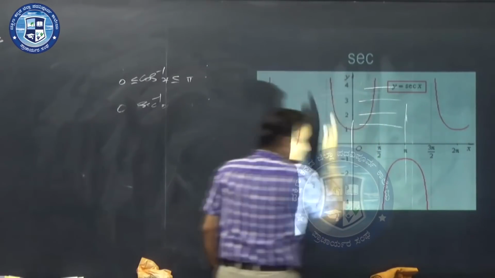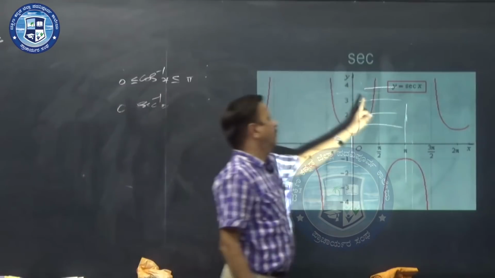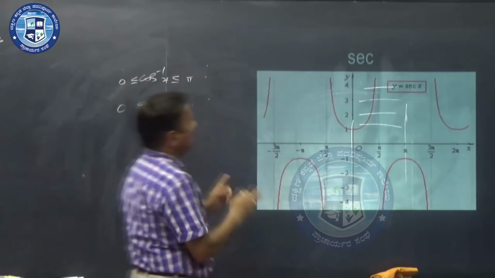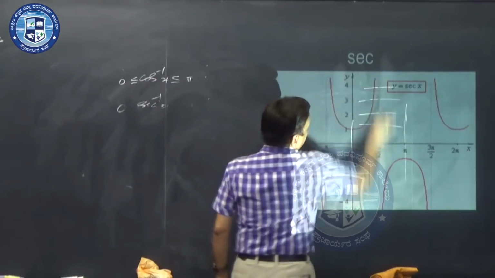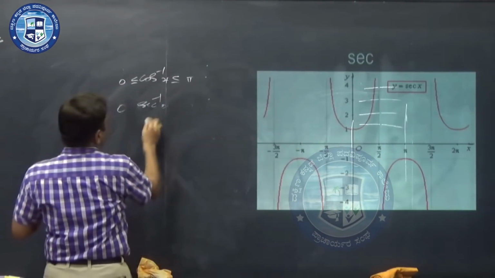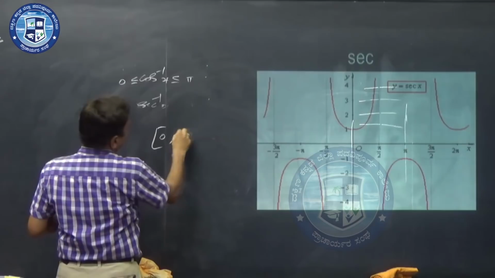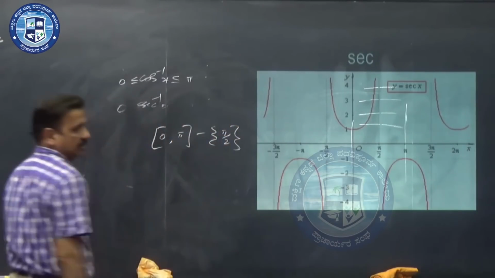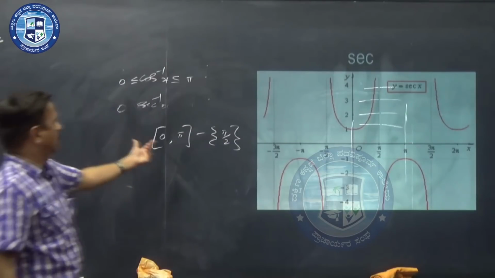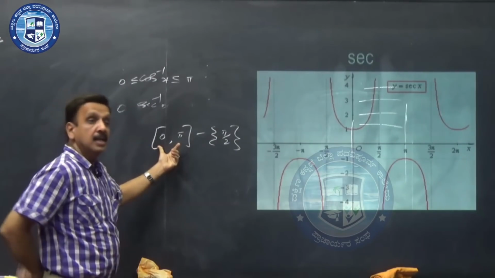It has to cut at only one particular point. So that is why 0 to pi is selected. But when you select 0 to pi, at pi by 2 the curve will not exist. That is why secant inverse x, when you write the range, is between 0 to pi, but pi by 2 does not come in that. That is why we subtract pi by 2 from the closed interval 0 to pi in secant inverse.